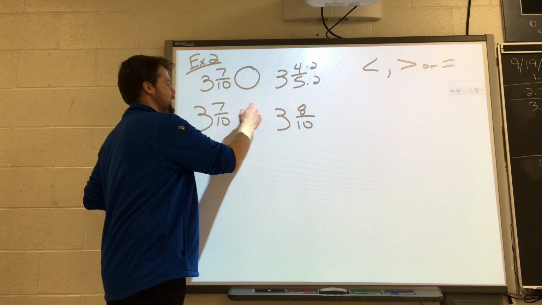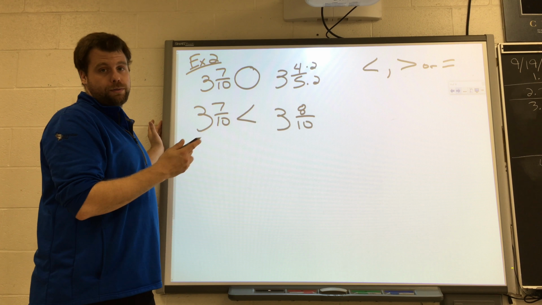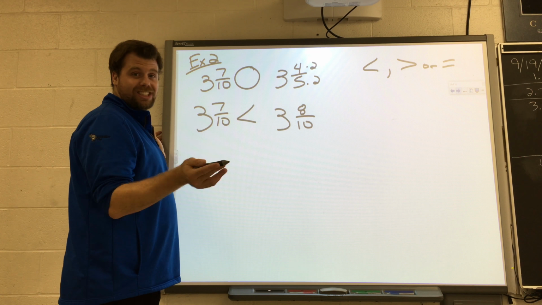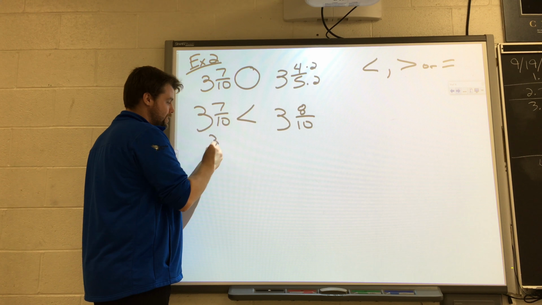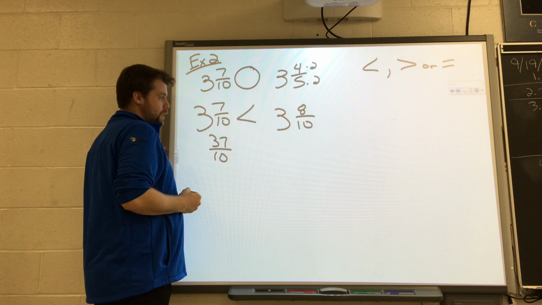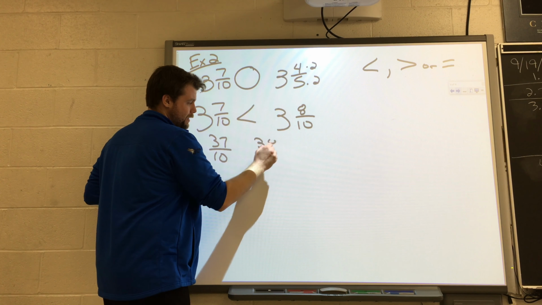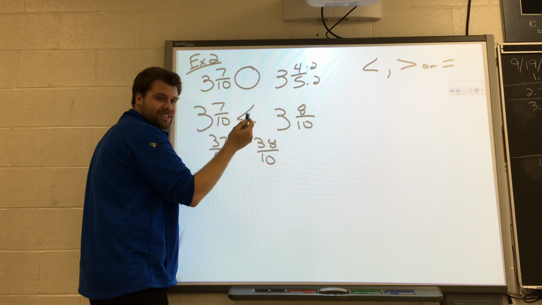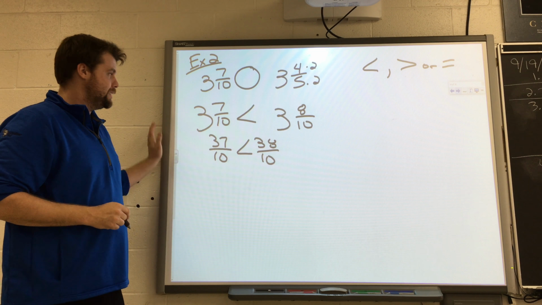So 3 and 7/10 will be less than 3 and 8/10. Now, if you don't feel comfortable working with mixed numbers, you could change them to improper fractions. 10 times 3 is 30, plus 7 is 37 over 10. Over here, 10 times 3 is 30, plus 8 is 38 over 10. Still, 37 over 10 is less than 38 over 10.